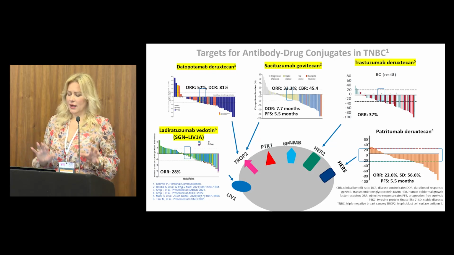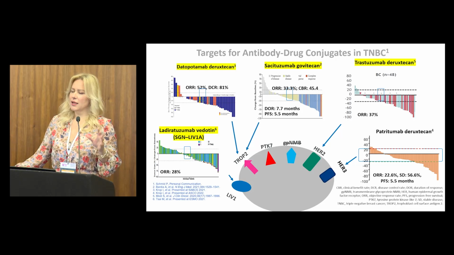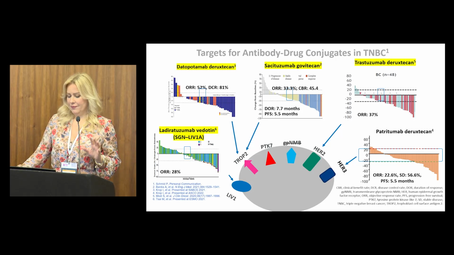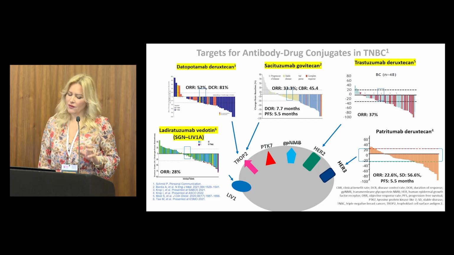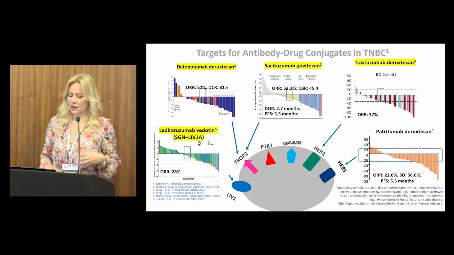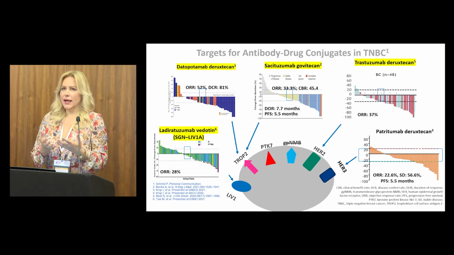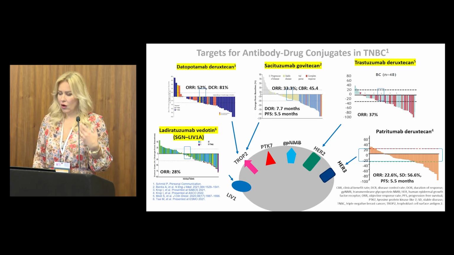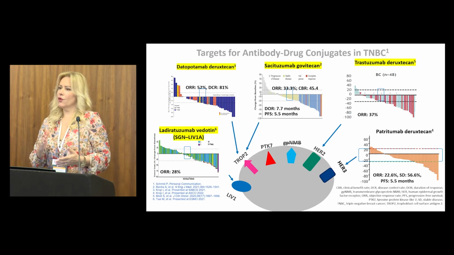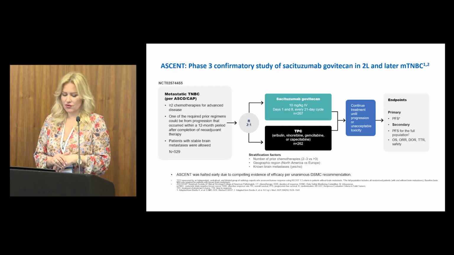I highlighted all the other drugs because these are, again, new drugs currently assessed in clinical trials, but with very promising data, so with good response rates, with good survival rates, so how long patients remain on one treatment before they have to jump into another treatment.